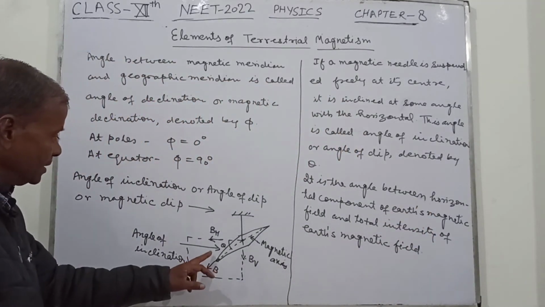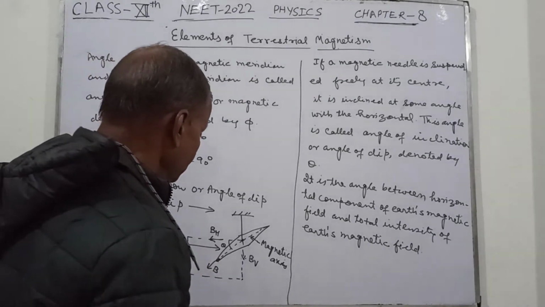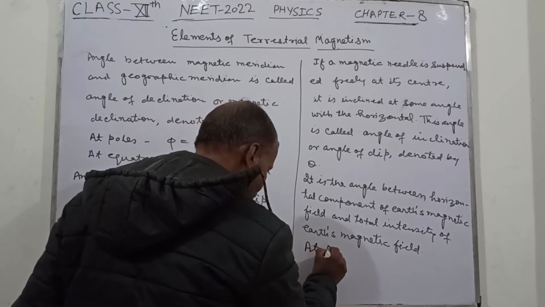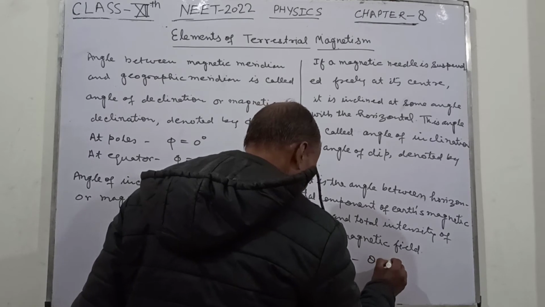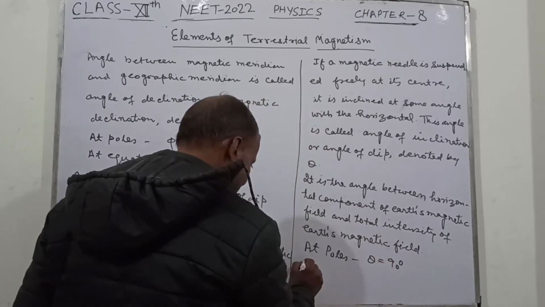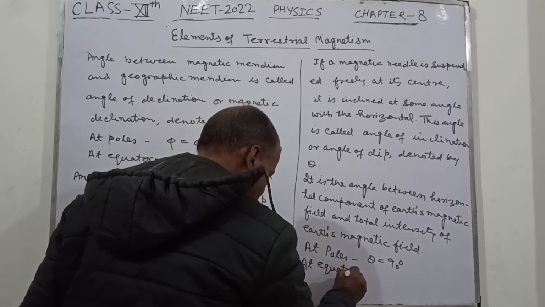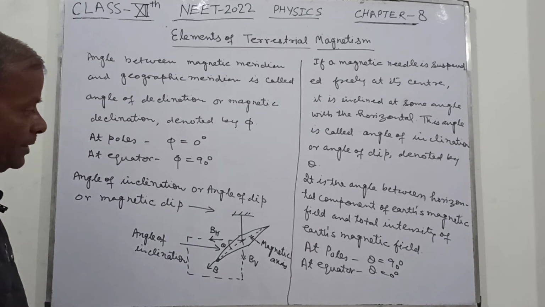So this is theta, and you can see that at poles theta equals 90 degree, and at the equator theta equals 0 degree.